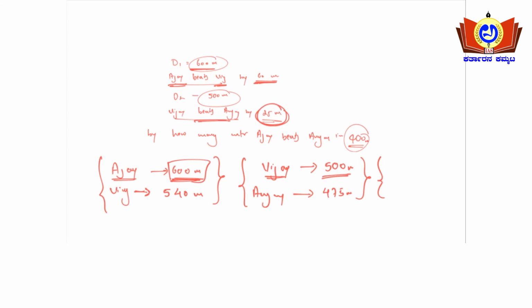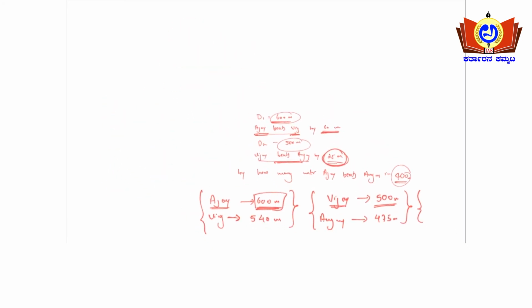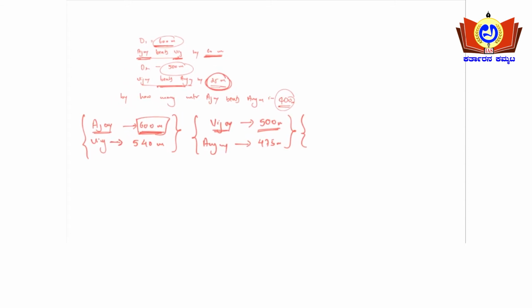In a similar fashion, in 400 meters they have asked, when Ajay is traveling 400 meters, how many meters behind will Anjay be? This is the crux of the question.